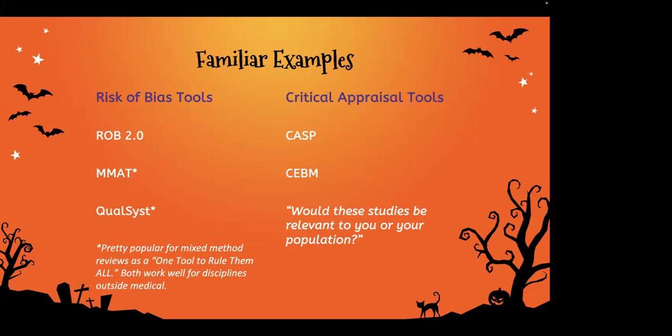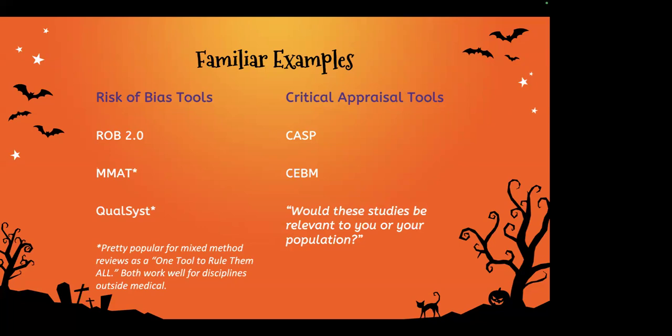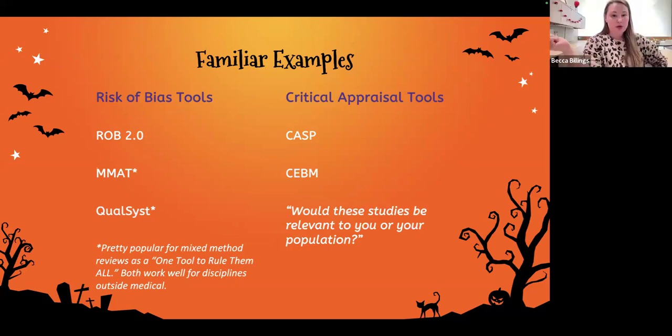One of my colleagues at Duke, who created the repository that I am going to show you, has said that the MMAT and QualSyst tools are pretty popular for disciplines outside of medicine, and they call it the one tool to rule them all. So if you are looking for a tool that will easily assess multiple study designs, you might want to check with those two first and see if they work for your team.